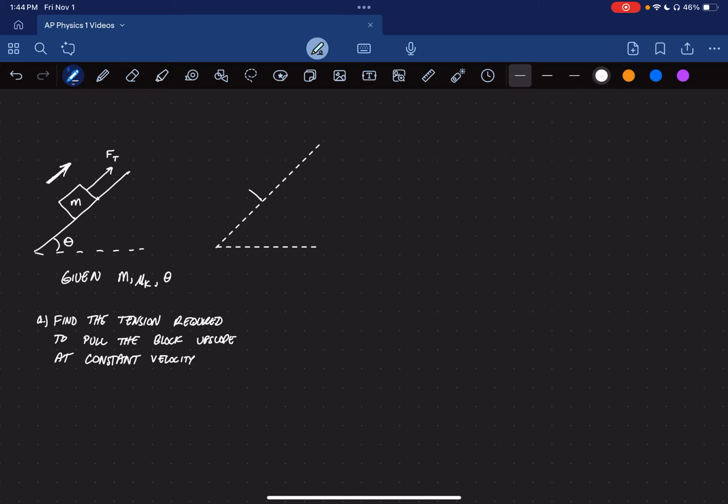All right. Here's the block. And the free body diagram will include the gravitational force, mg. There will be a tension force here, Ft.